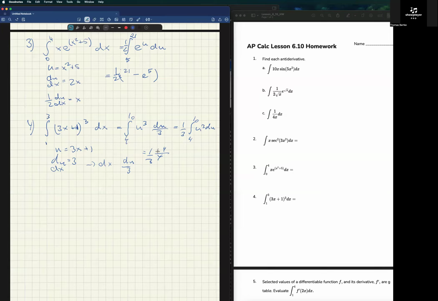So we're going to have 10 to the 4 over 4 minus 4 to the 4 over 4. We're just going to put parentheses here. Like so. So we can put this as a real number.